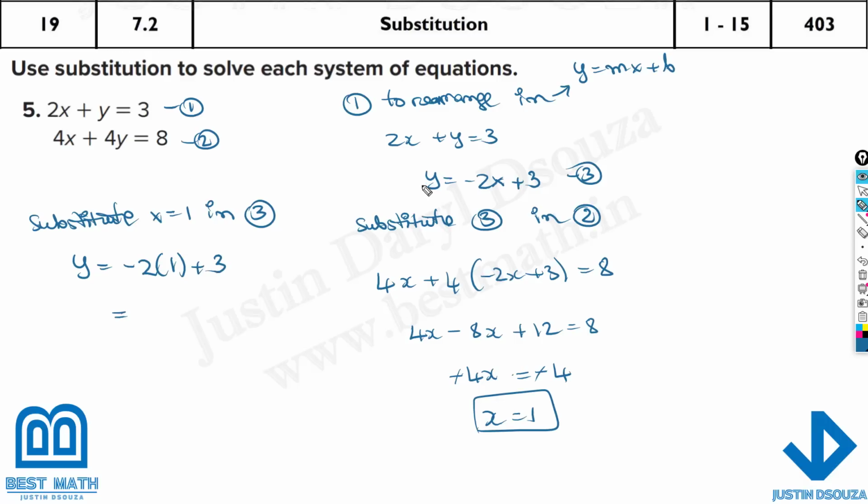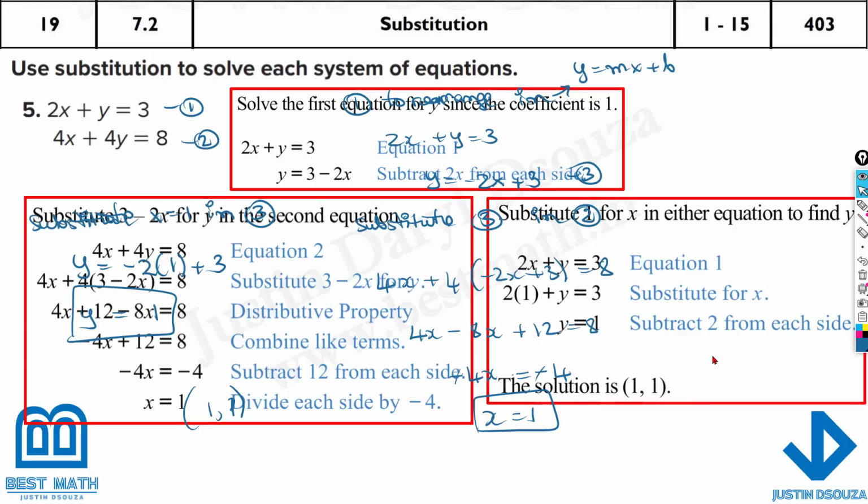Because here y is already on one side and x is on the other side. If I just substitute the x value, I'll directly get the answer rather than solving it and taking it to the other side, isn't it? So it's going to be minus 2 plus 3, which is positive 1. So y is 1. The solution set is 1, 1. That's the final answer.